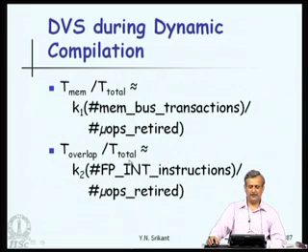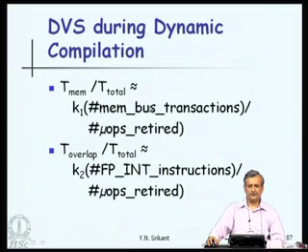Similarly, T overlap by T total is proportional to K2 into floating point and integer instructions divided by number of micro operations retired. Again, there is a performance counter which gives us this information, and we could compute a quantity which is proportional to T overlap by T total.